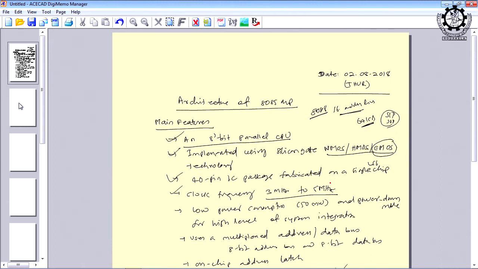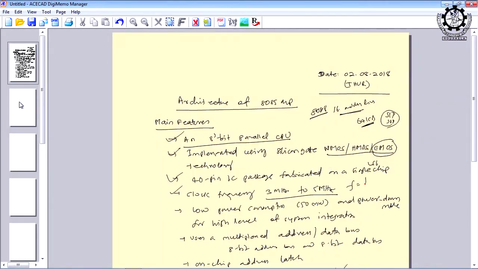And last class I illustrated how clock frequency is important in finding the execution time of an instruction, or the kind of operation we do in a microprocessor can be easily tracked if the clock frequency is known, right. So, frequency means the reciprocal of time, or time is the reciprocal of frequency, and once you know the frequency you can find out the time.